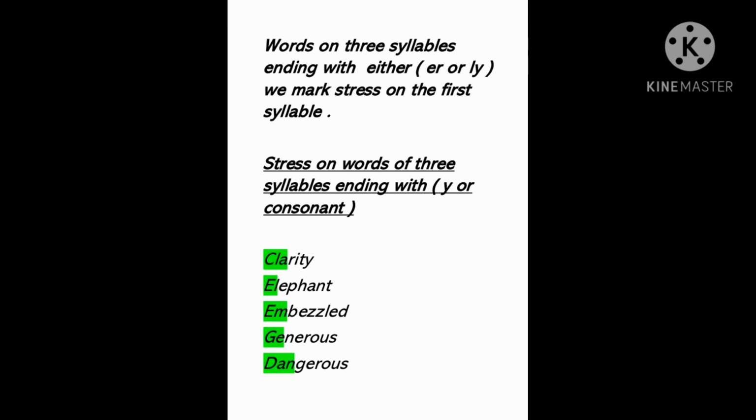Another case where we mark stress on the first syllable is with words of three syllables ending with either y or a consonant. Like clarity ends with y, elephant ends with t, so we say elephant.